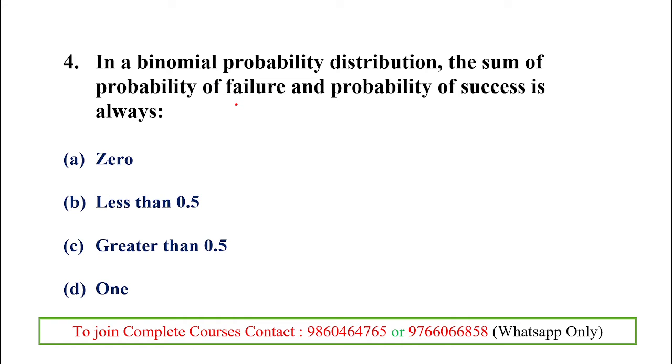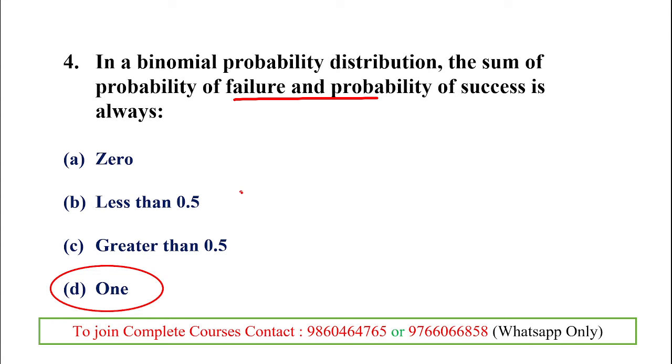Next question related to the binomial probability distribution. The sum of the probability of success and the probability of failure. So here success and failure are the two outcomes, and the sum of the probabilities is equal to 1. Because in the example of coin tossing, when the head falls, that is a 0.5 chance, and the tail, that is a failure, is 0.5.